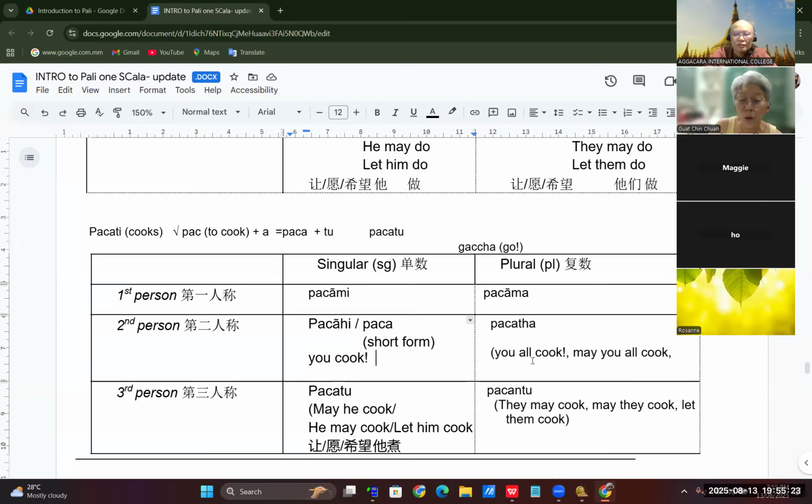Pachata, you all cook, may you all cook, let you all cook. Pachami, may I cook, let me cook, I may cook. Pachama, may we cook, we may cook, let us cook.